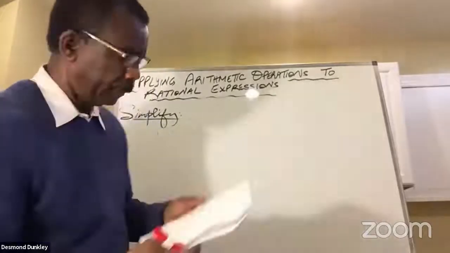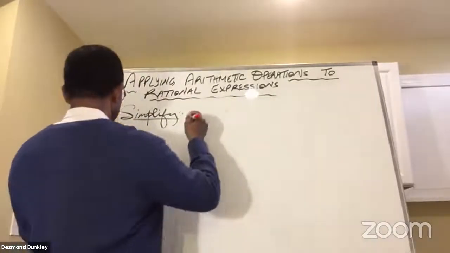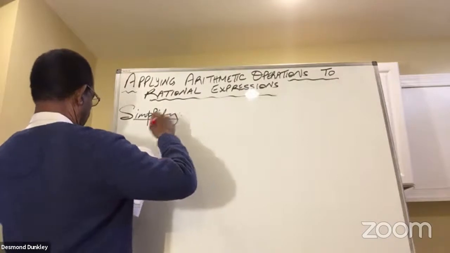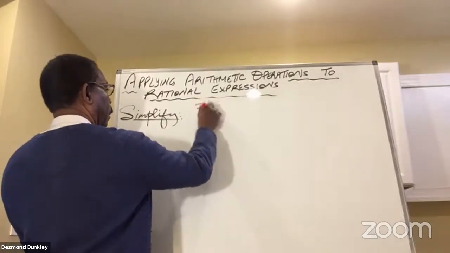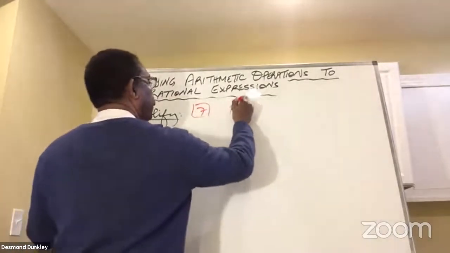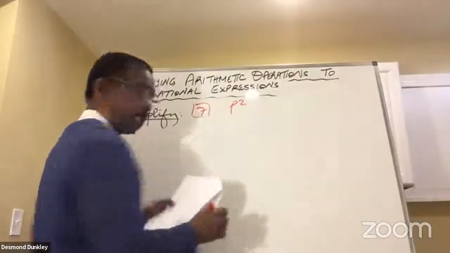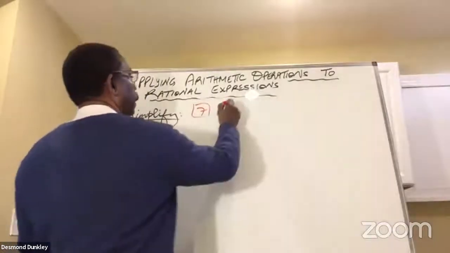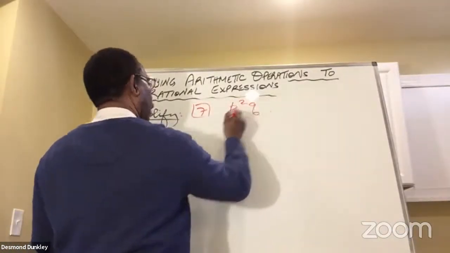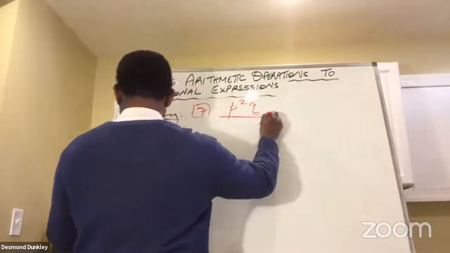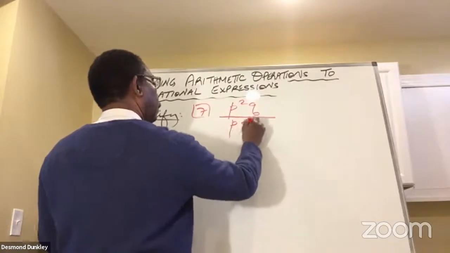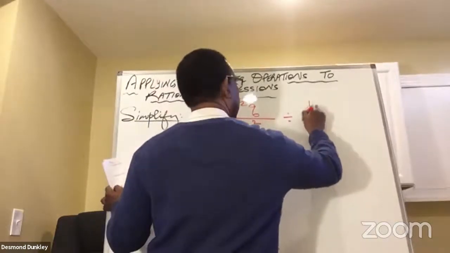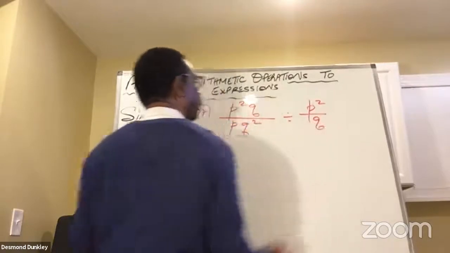Okay, here's another one. p squared q over p q squared divided by p squared over q.